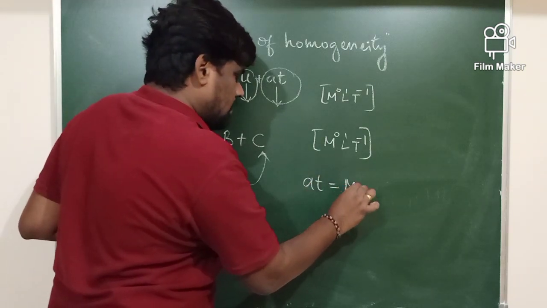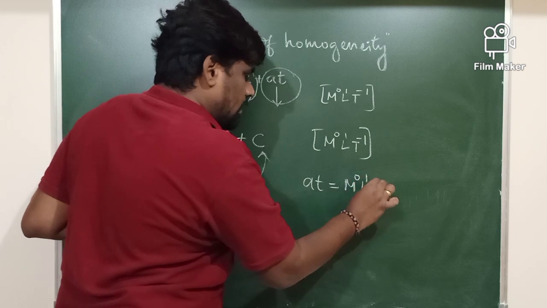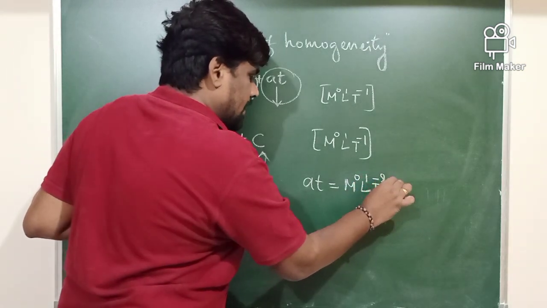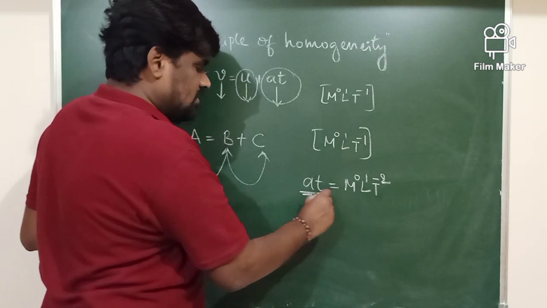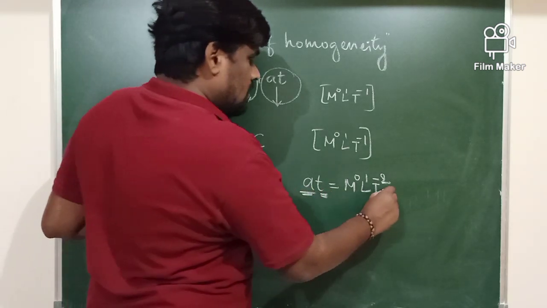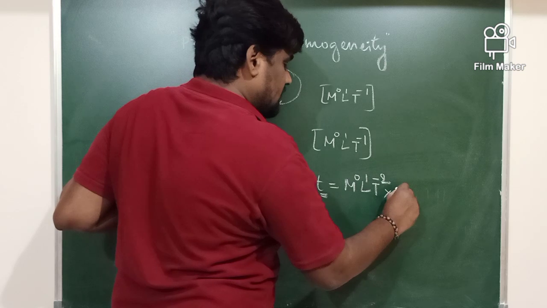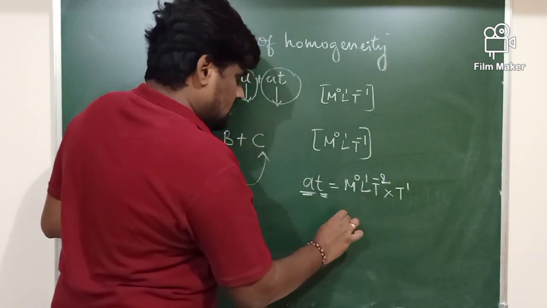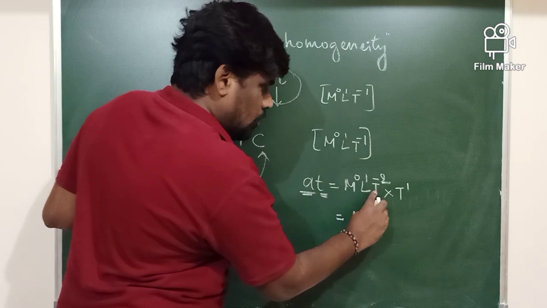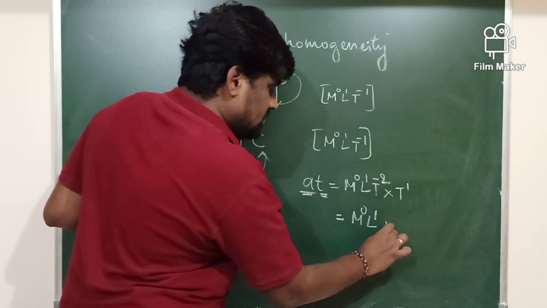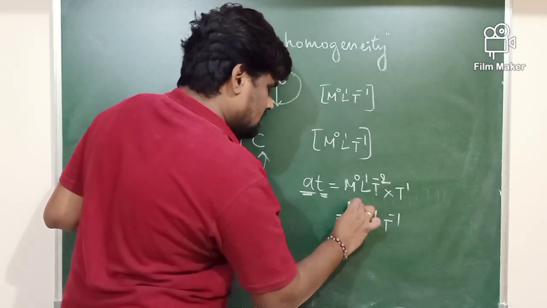What is AT? A is called acceleration and T is called time. Acceleration dimensional formula m0 L1 t power minus 2. What is the dimensional formula of time? Time dimensional formula is t power 1. ಏನಂತ ಹೇಳ್ರಿ? m0 L1 t power minus 2 t power 1. It is t power minus 1.